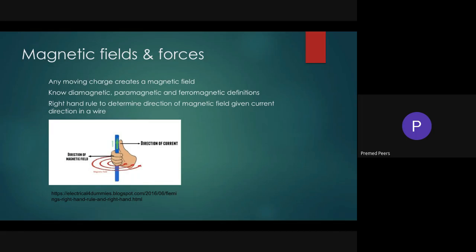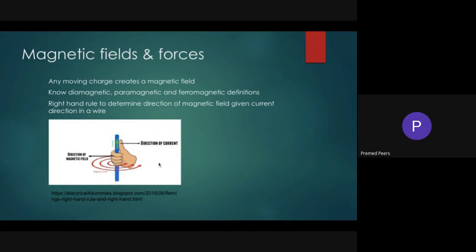Oh, sorry. Yeah, I'm on the Google Meet. I was pointing on the right side of the screen. Can you see the cursor now? Okay. So say we're on the right side of the wire.